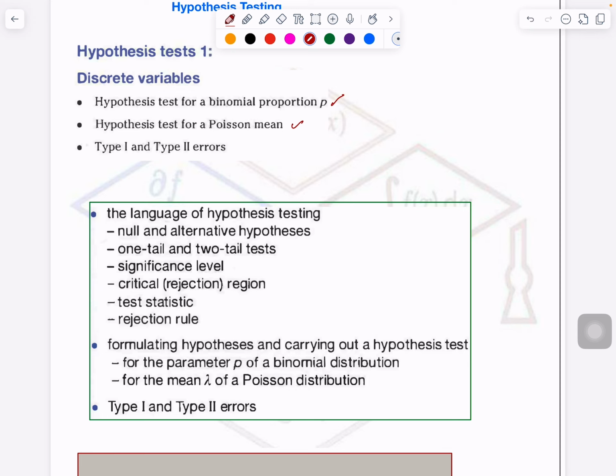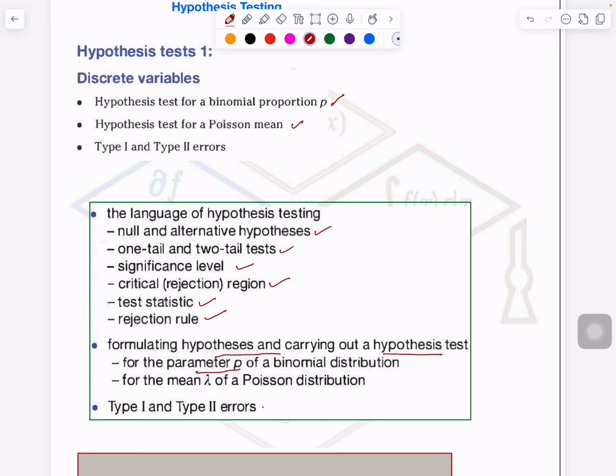So the language of hypothesis testing which we use is the null and alternative hypothesis, one tail and two tail test, significance level, critical region, test statistics, rejection rule, formulating hypothesis and then carrying out the hypothesis test, finding the parameter p for binomial, and for the Poisson distribution, type 1 and type 2 error.